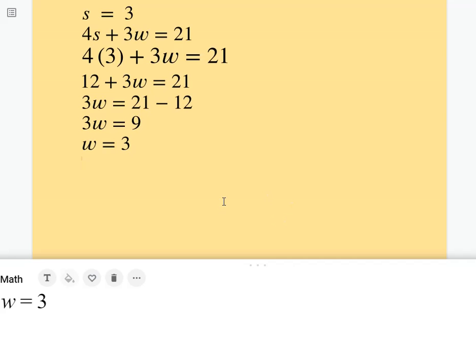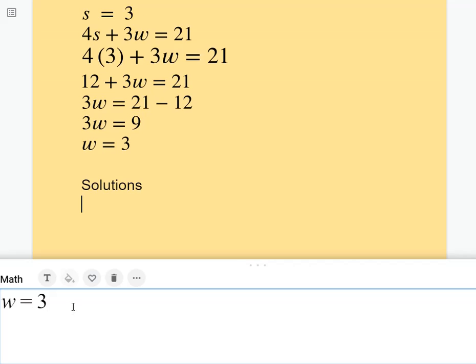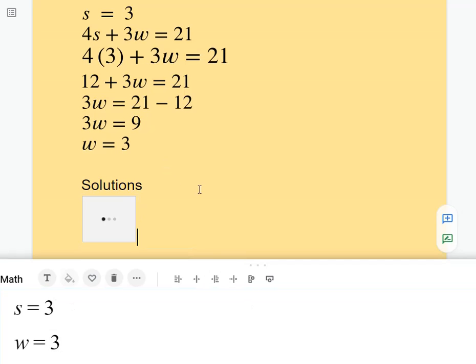You see? So the solution you're looking for: you got S equals 3, and you get W equals 3, right? So what does that mean?